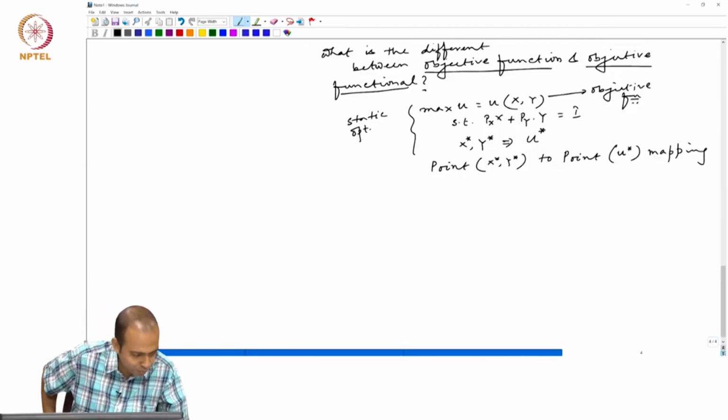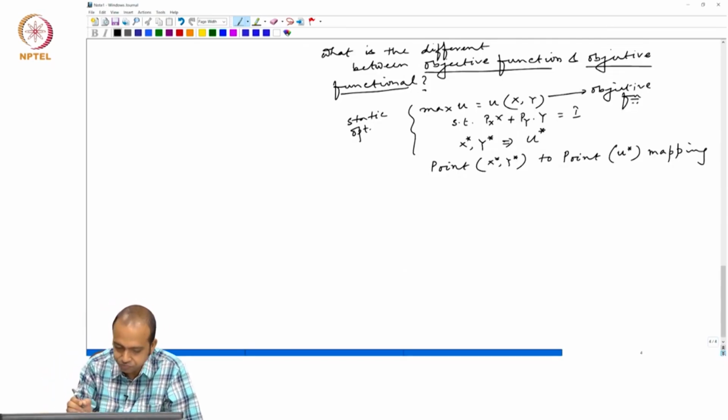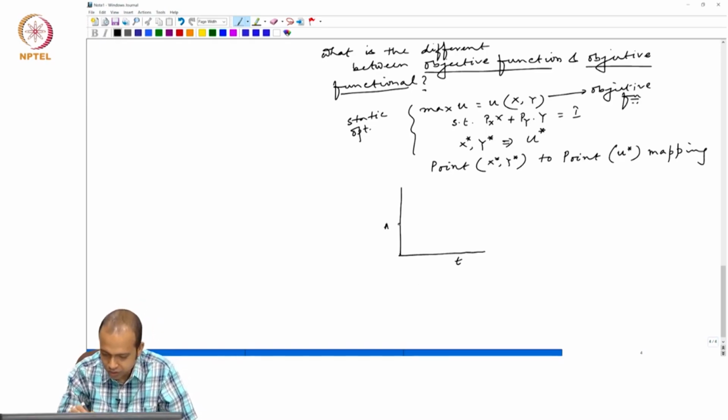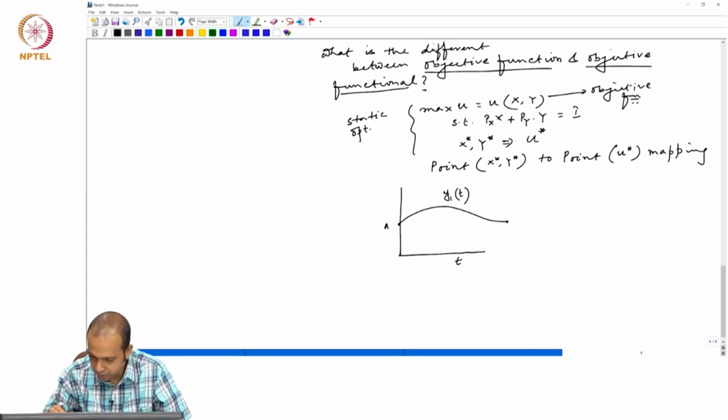So, in dynamic optimization we are mapping a path. For example, let us say in this axis we are measuring t, and here is the initial state A. This is a path which is denoted by, let us say, y1 t, and let us say this is a real line.